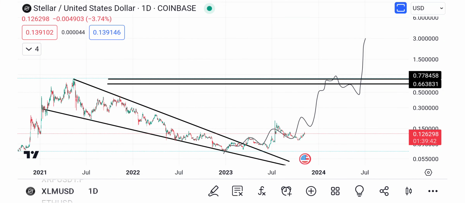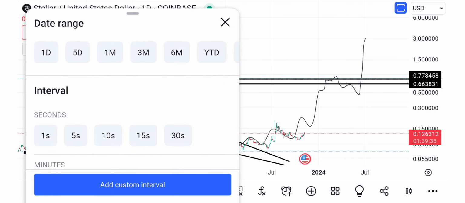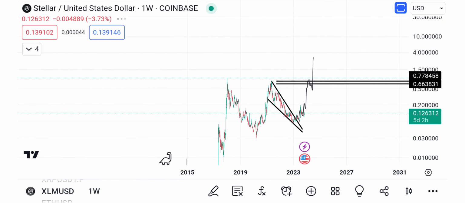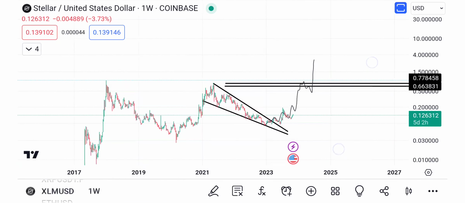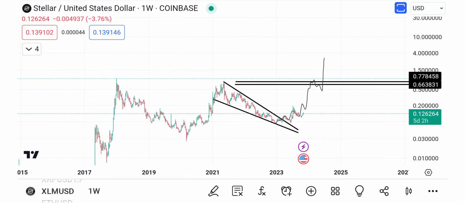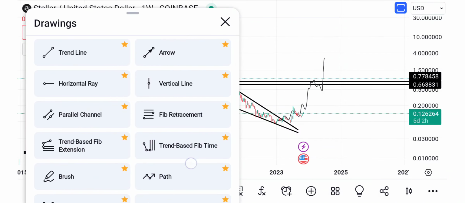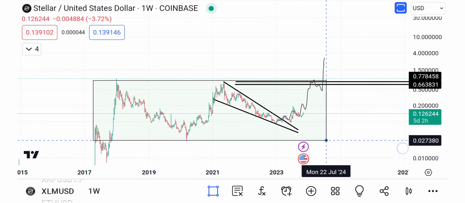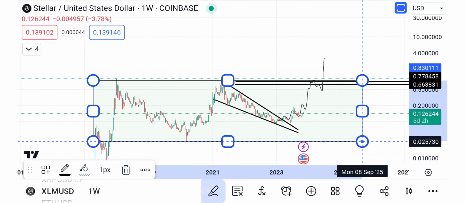XLM did not have a bull run like Cardano and Dogecoin. Those coins had monster bull runs. XRP and XLM are the same thing as far as what they did. And what they did was take the long way home, right? The long way home is the more bullish idea.